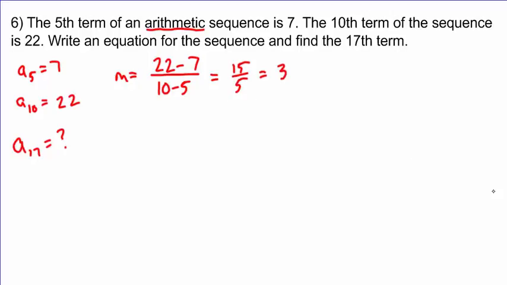All right, so we know the slope is 3, 15/5. That means that every step is exactly 3 higher than the previous term.